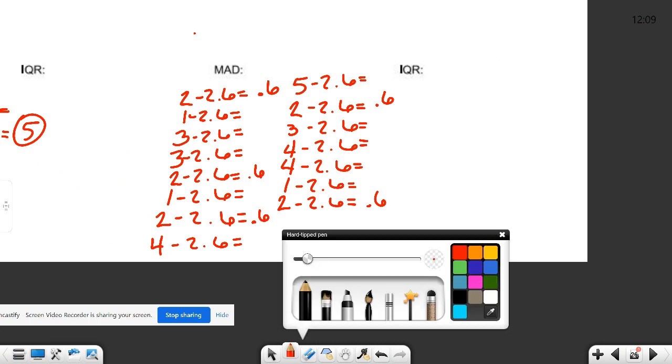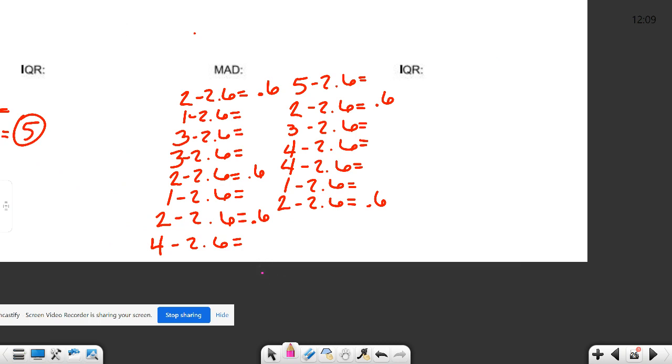Let me change this color so it's easier to see. All right, the next one, 1 minus 2 and 6/10 is what? 1 minus 2.6. What do you get? 1 and 6/10.